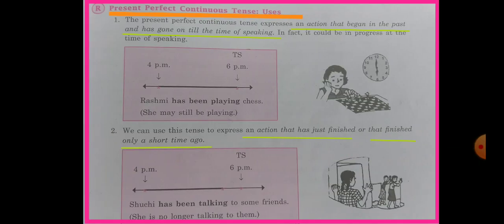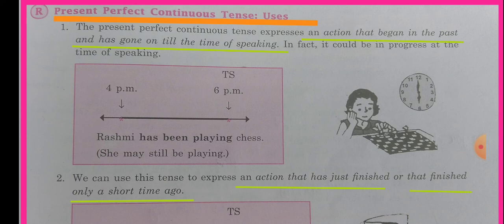Now present perfect continuous tense. First of all we will discuss the uses of present perfect continuous tense. As the word continuous is there, we have to know that an action is continuing, but the word perfect is given, present perfect shows that action is completed, so it is a mixture of present perfect and continuous.